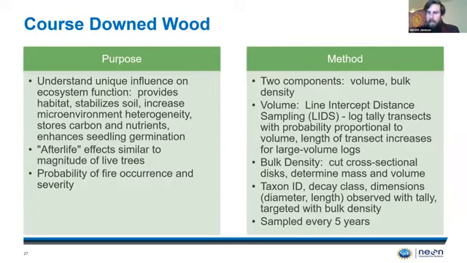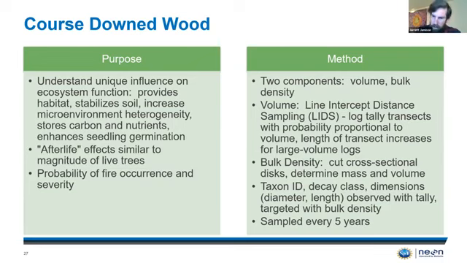Coarse down wood. Monitoring stocks of coarse down wood, or CDW, is important because CDW uniquely influences ecosystem function. In terms of ecosystem services, CDW provides habitat for wildlife, stabilizes soil, increases microenvironment heterogeneity, stores carbon and nutrients over decades, and can enhance seedling germination for trees and other plants.